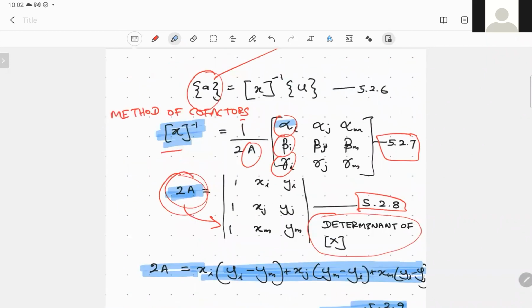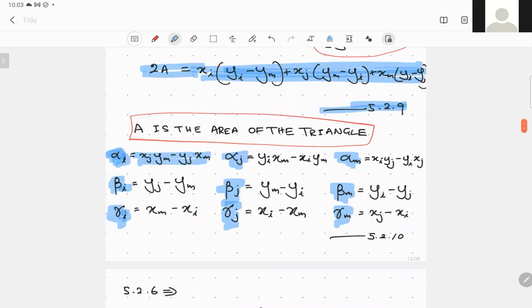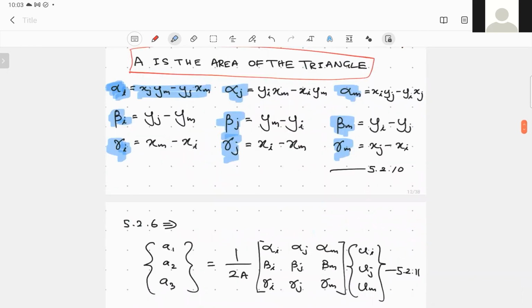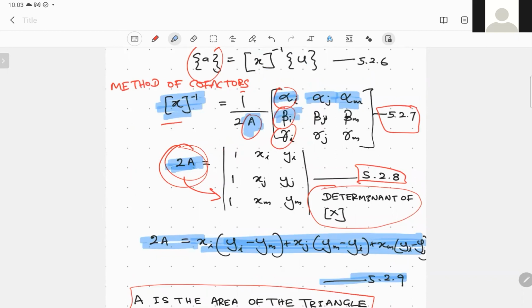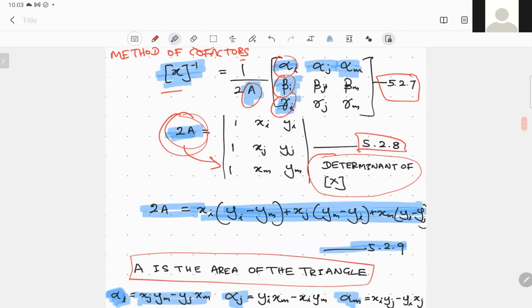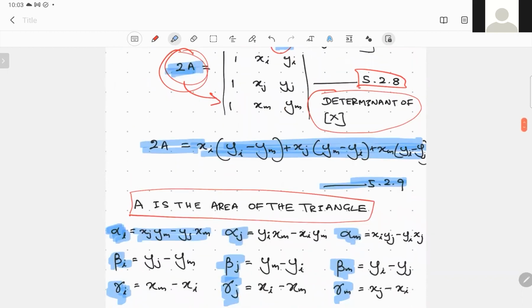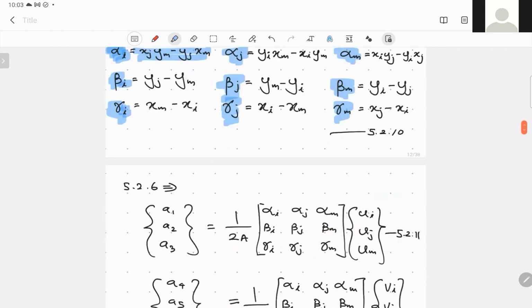We have now obtained the area, which is required for obtaining the inverse by obtaining the determinant of that matrix, and we know the nodal coordinates, so thereby we can obtain the alpha, beta, and gamma values corresponding to the i, j, and m nodes.